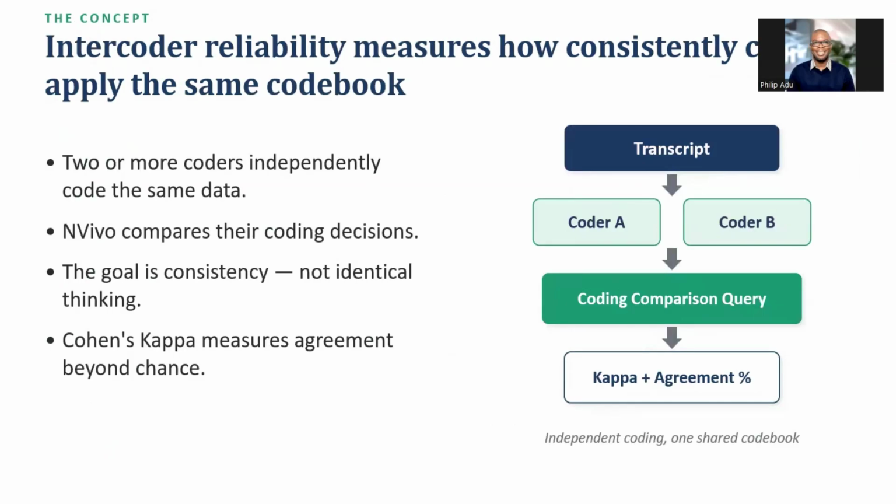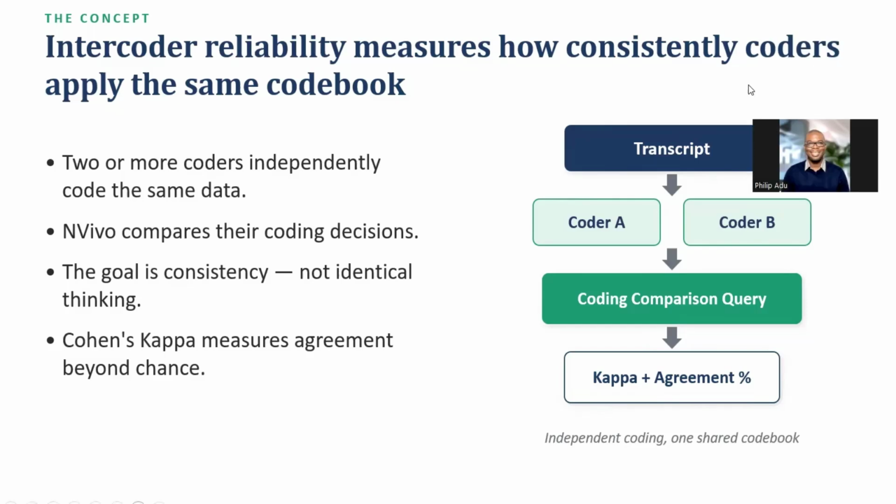Okay, so one thing that you have to note is that intercoder reliability really is all about exploring the consistency in terms of how two or more coders apply a specific code or a group of codes, right? So this means that the first thing that you have to make sure you have is a code book.